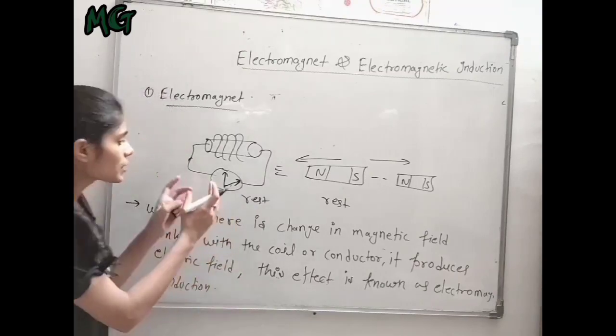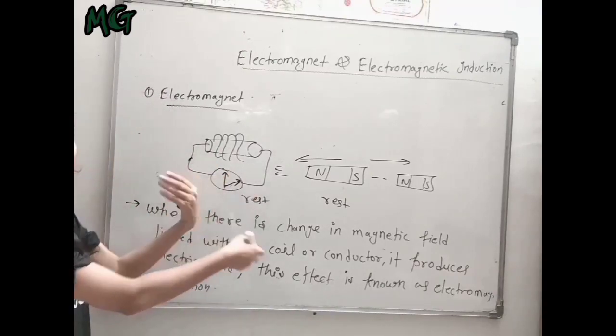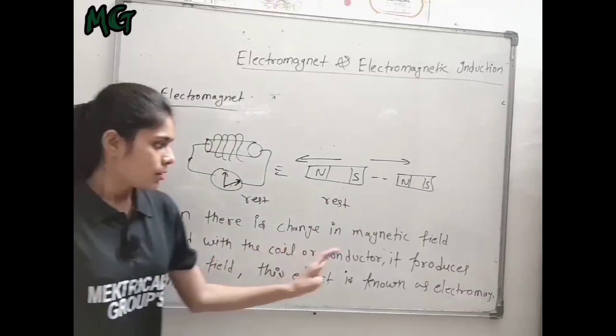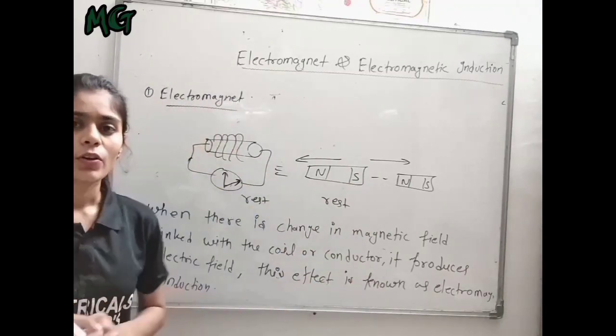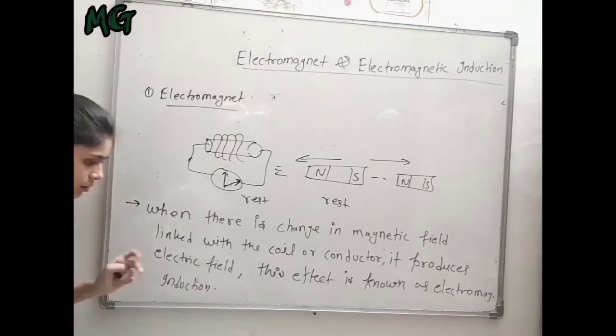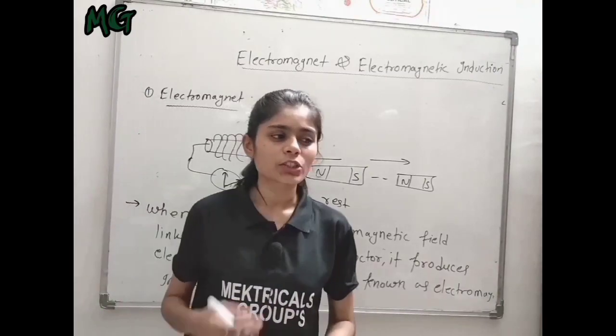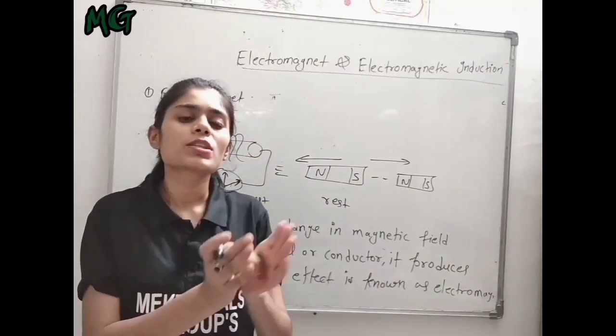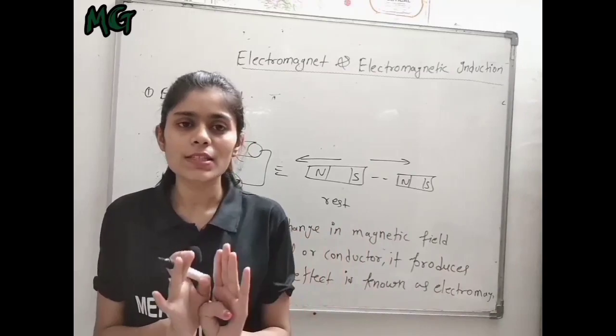Here electric field is going to be induced because of the motion of the magnet, so it is electromagnetic induction. Hope you are clear with this. And because of this electromagnetic induction, if current is producing, it means it is kind of producing voltage.